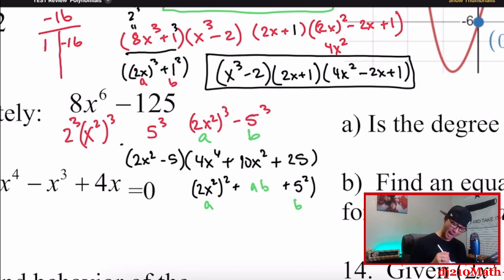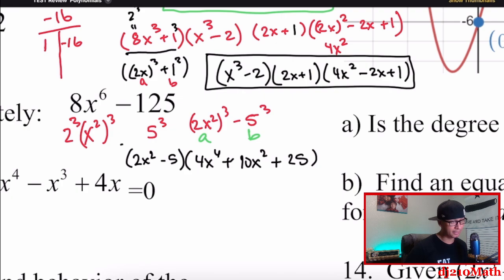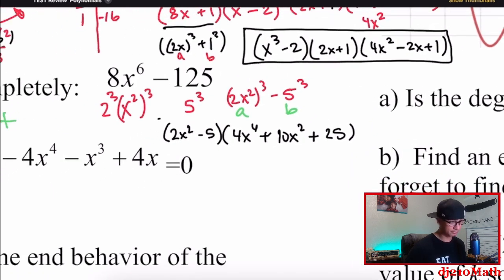Had that been 20x squared, I feel like I could have done something, but I cannot. Okay. We'll leave it at that. I may be wrong.